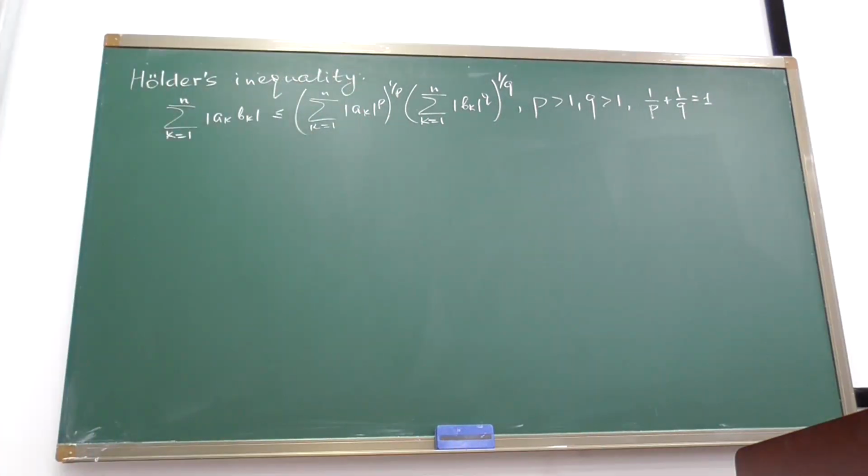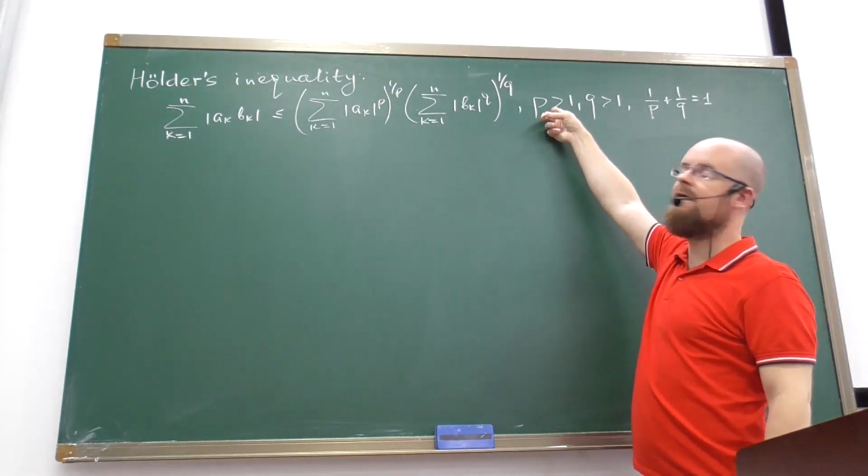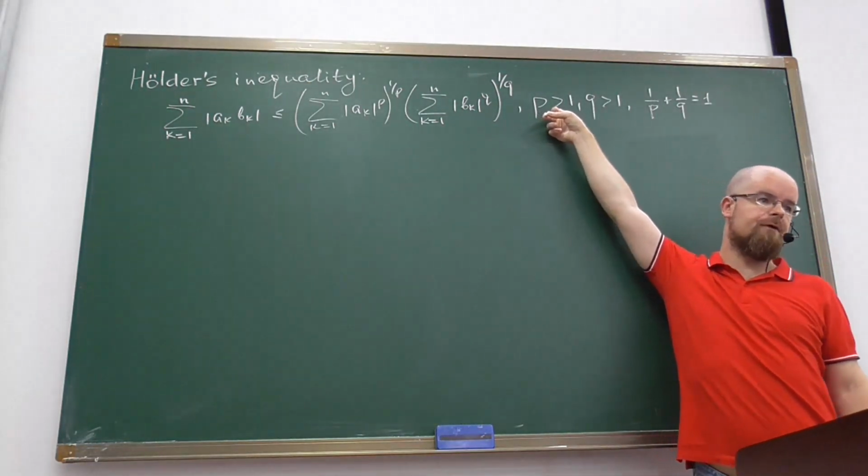First of all, you might ask why we state the Minkowski inequality for the value of p greater than or equal to 1, but for the Hölder inequality we only cover the case when p is strictly greater than 1.